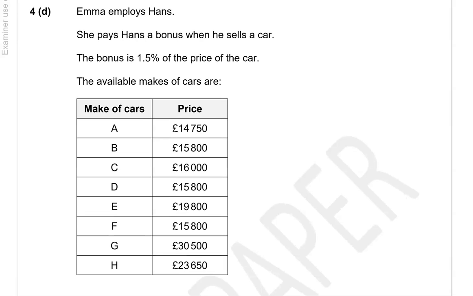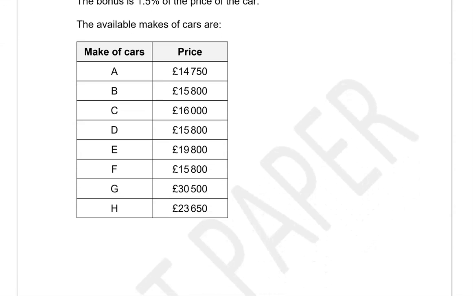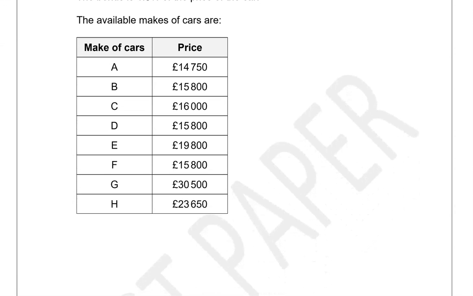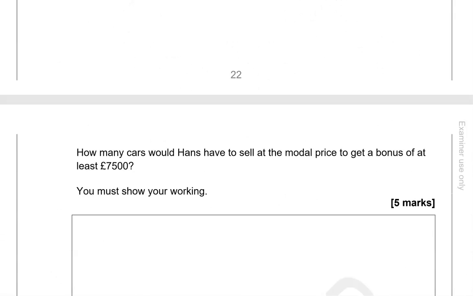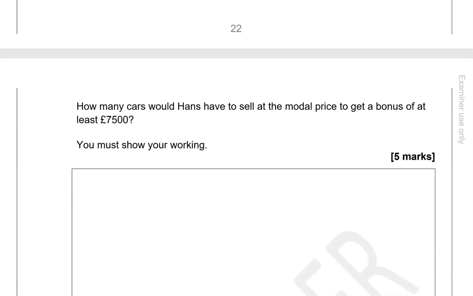Emma employs Hans. She pays Hans a bonus when he sells a car. The bonus is 1.5% of the price of the car. The available makes of cars are, so we've got makes from A to H with the prices. How many cars would Hans have to sell at the modal price to get a bonus of at least £7,500?